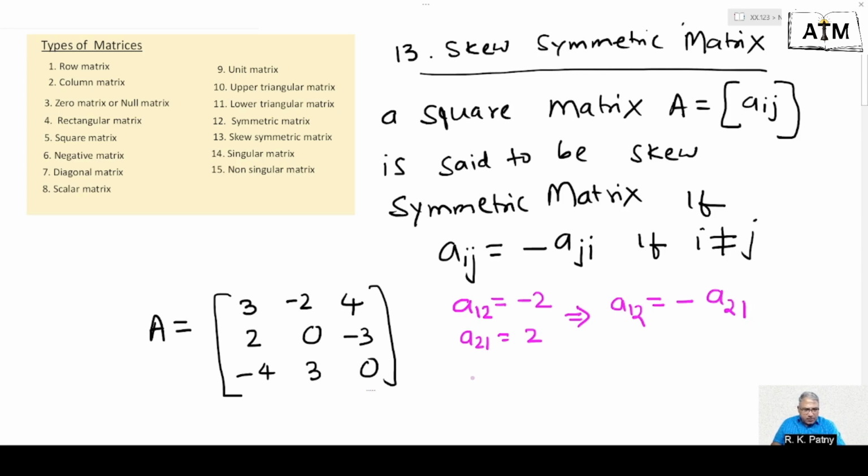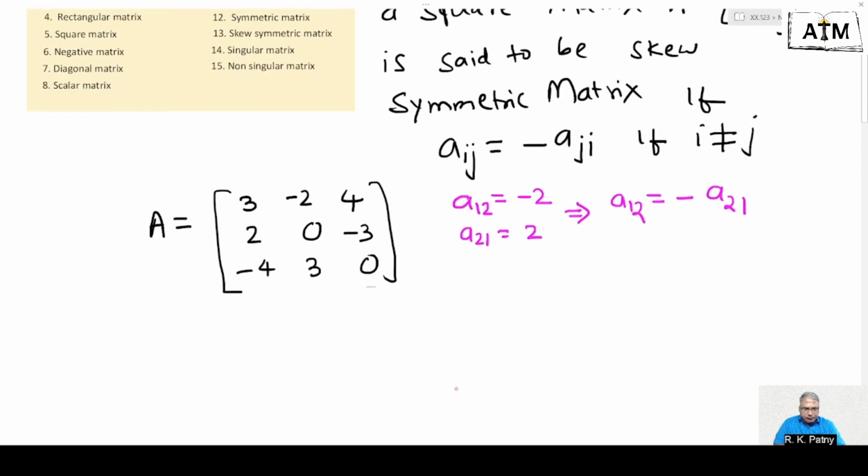Now let us check for the other one. A13 equals 4 and A31 equals minus 4. Even here the condition of A13 equals minus of A31 is satisfied. Even the condition of a skew symmetric matrix is also satisfied here.